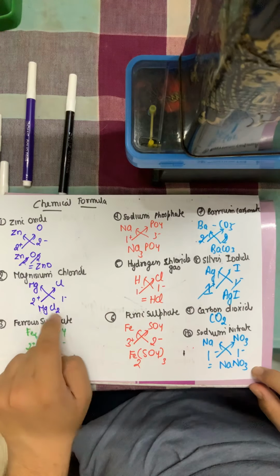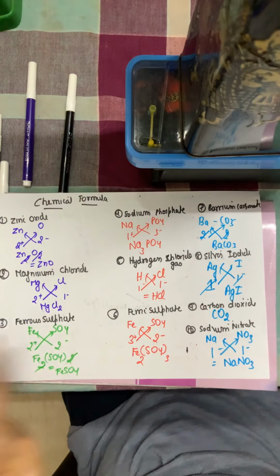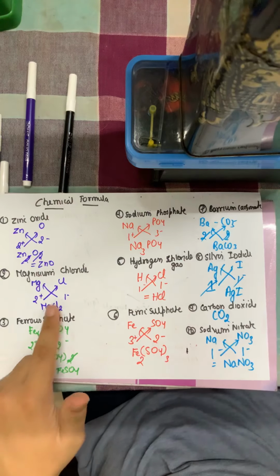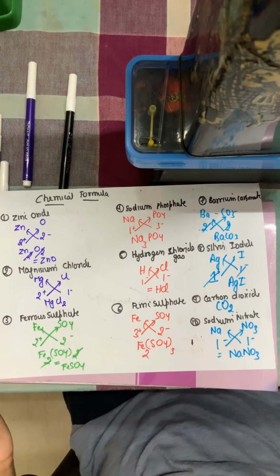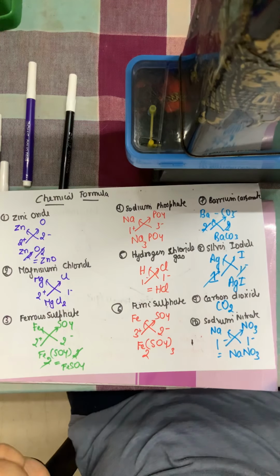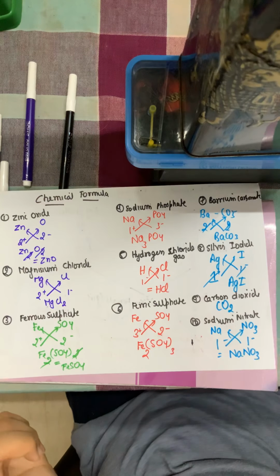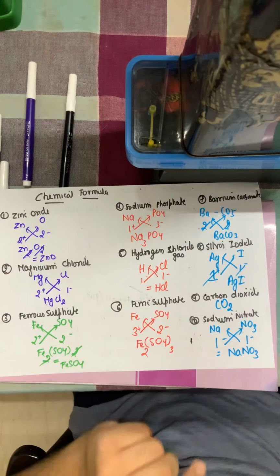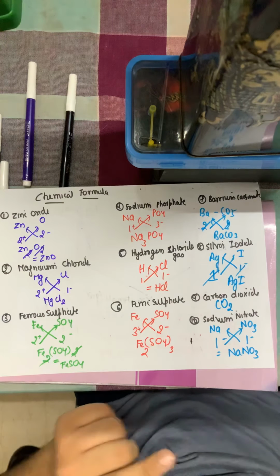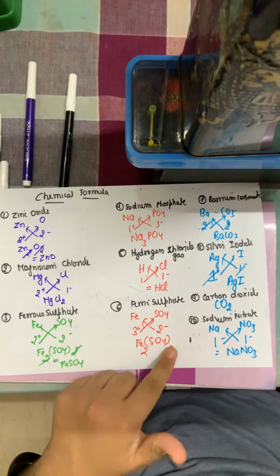In this Cl2, Cl is only one element, so I don't need to put the bracket because it's known the Cl will be 2 and this 2 is for the Cl only. Fine. So again I repeat one more time that a bracket has to be written only when we have a radical that has more than 1 element in its formula. So SO4 had S and O both. That's why I had to write it in the bracket, showing the 3 is for O also, 3 is for S also.